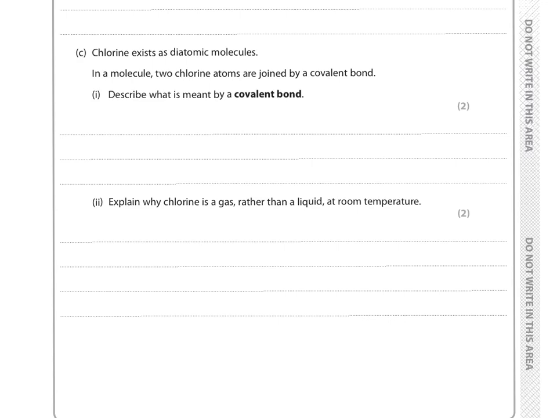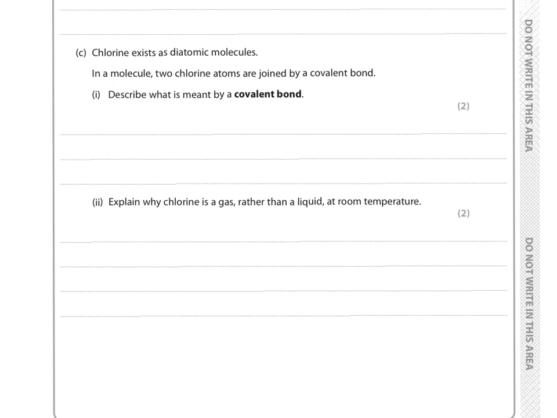Moving on to part C, it says chlorine exists as a diatomic molecule. In a molecule, 2 chlorine atoms are joined by a covalent bond. Describe what is meant by a covalent bond. Now, there are lots of good ideas here about covalent bonding. A covalent bond is a strong bond between non-metals, but unfortunately those don't get you the mark. A covalent bond is a shared pair of electrons, and that's all you need to know, and that's the 2 marks.